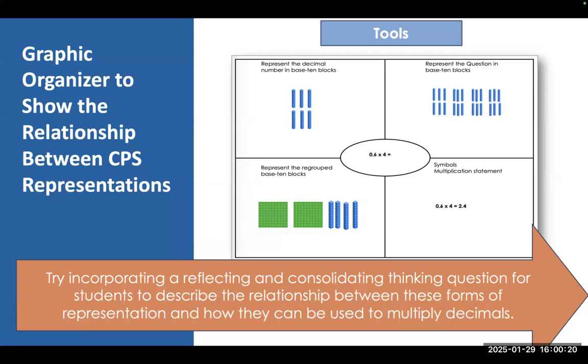But then to take it to that next level of critical thinking, we're inviting them to share what they understand to be the relationship between those forms of representation and how it's helping them understand a particular process. So, for example, how are base 10 blocks helping you understand how to multiply decimals?